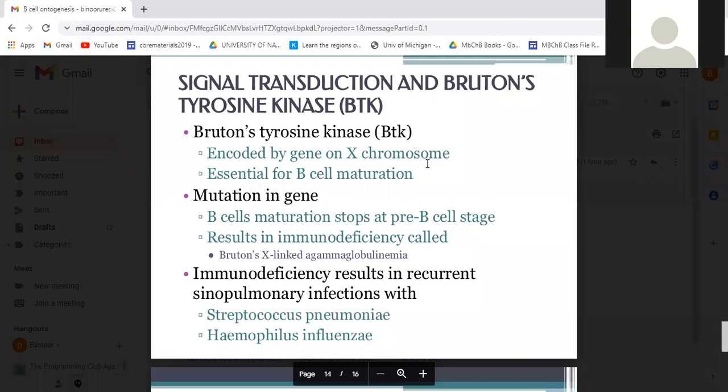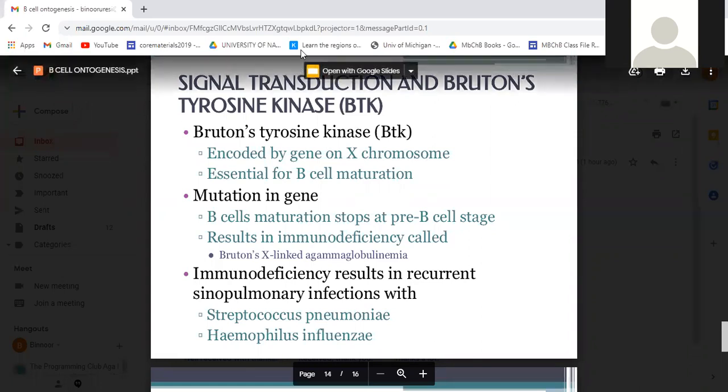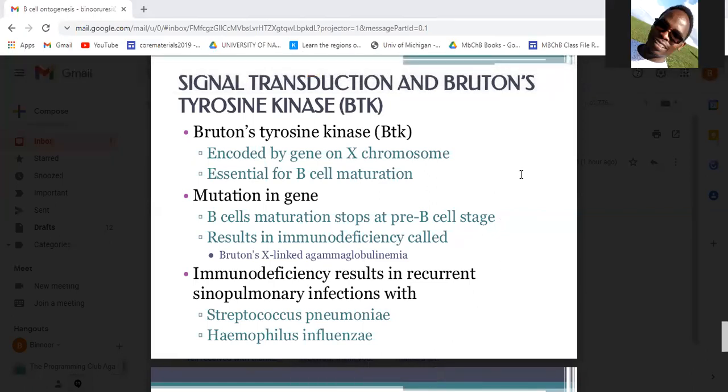And in that case, you have people, in this particular case, where they don't have the production of antibodies. Because of this gene mutation, the process of B cell maturation stops at the pre-B cell stage, and this results in a disease called Bruton's X-linked agammaglobulinemia, whereby there is no production of antibodies.